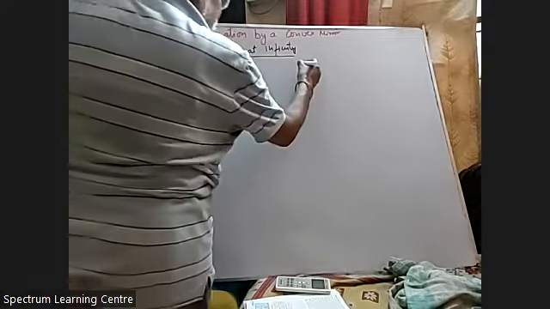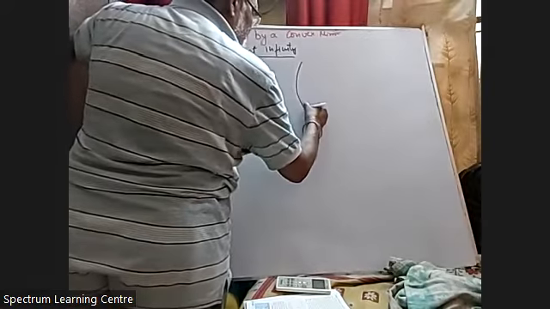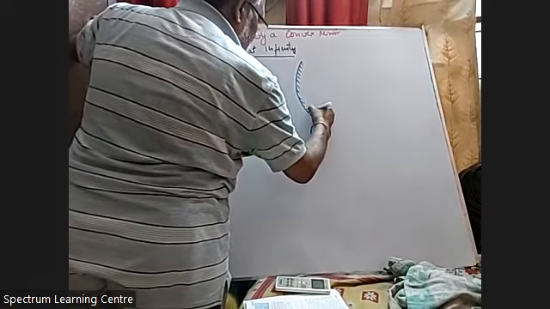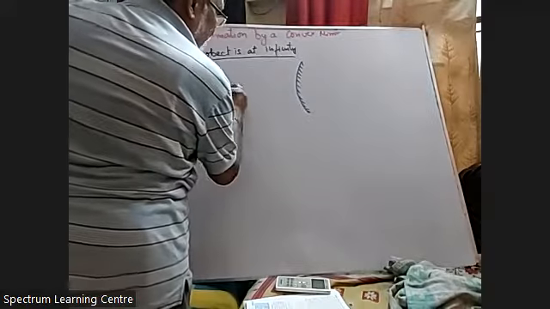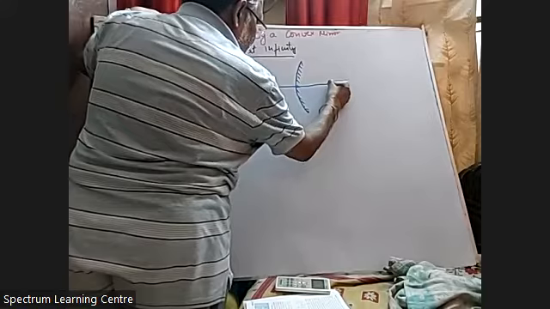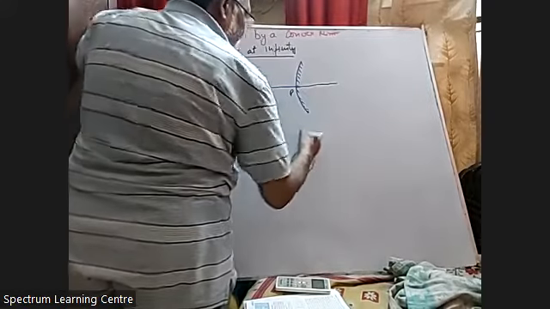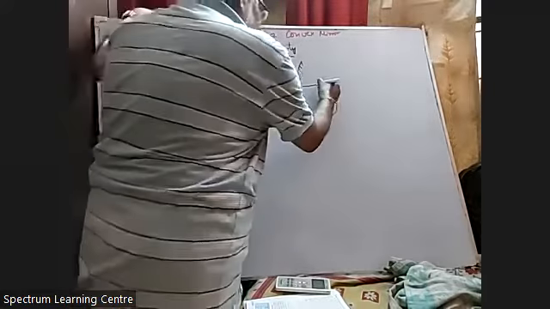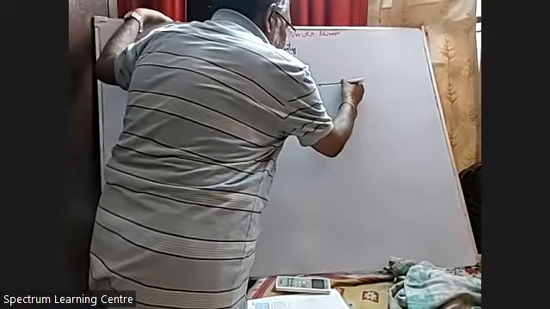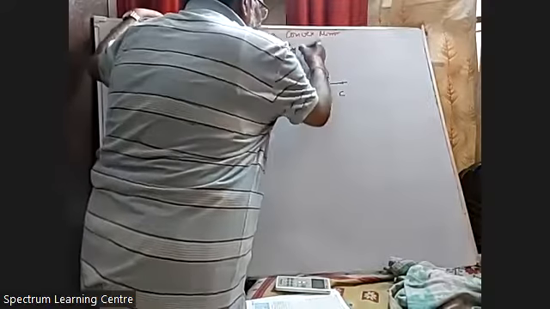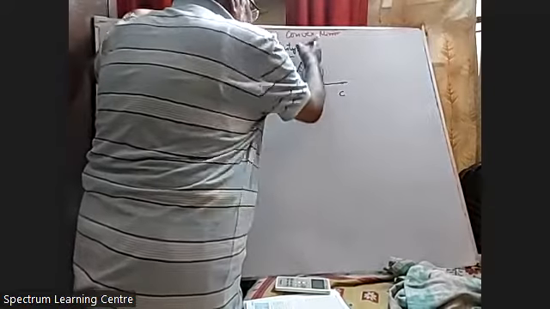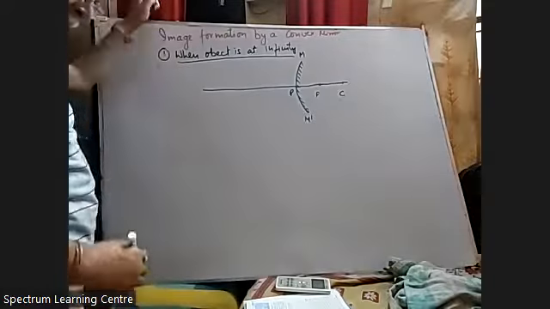Now I have to make a convex mirror, so I'll make it like this. And this is my principal axis. This point is pole, and its focus is on the right of the mirror, and center of curvature is this. Even if you are not requiring center of curvature, this P, F, C, MM dash has to be shown, right?